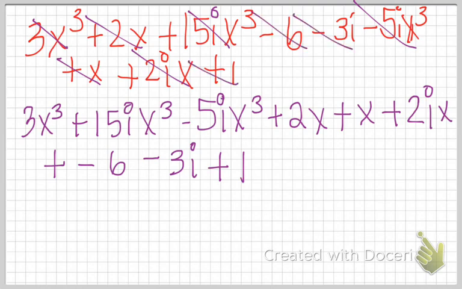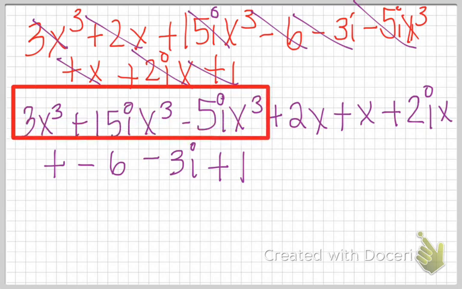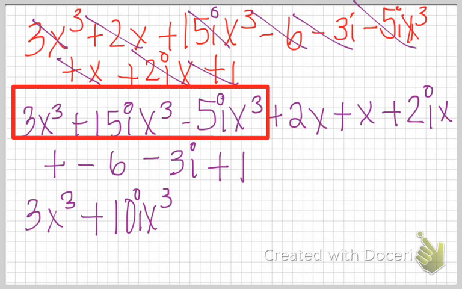Okay, took care of all. Now I start by sectioning off and combining like terms. So I can combine some of my imaginary parts. 3x to the third, 15i x to the third minus 5i x to the third becomes 10i x to the third. My x's, my real part, can be combined.